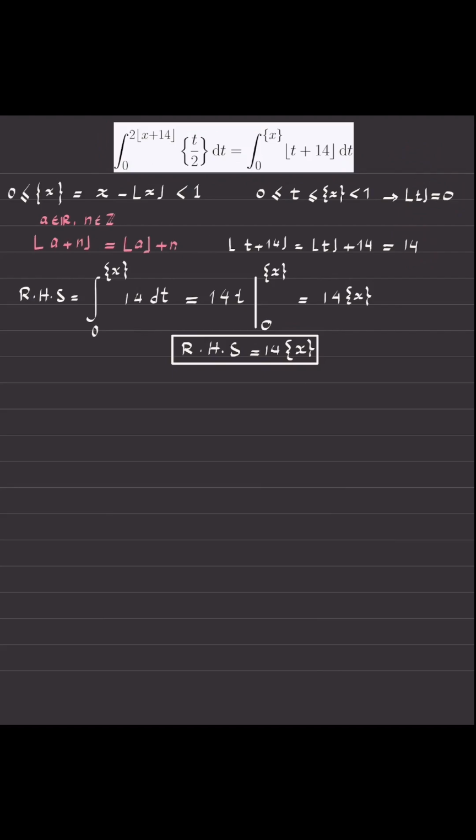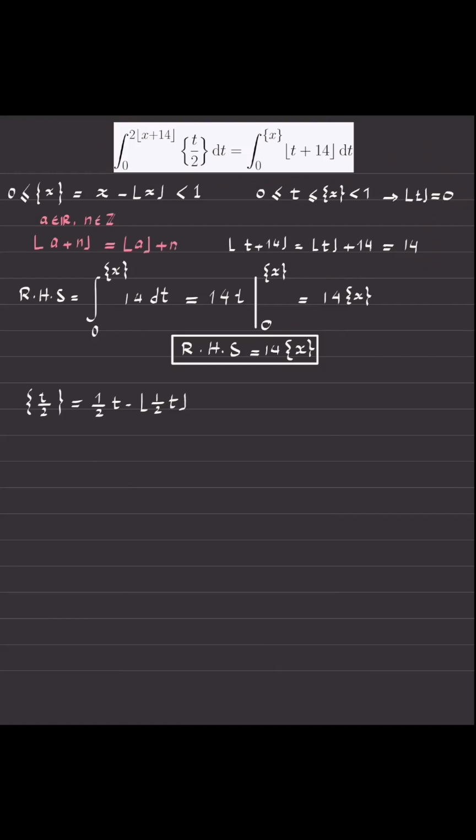Now to calculate the left hand side, let us see what this function is. According to the definition, the fractional part of t over 2 is equal to the expression 1 over 2 t minus the floor of 1 over 2 t.